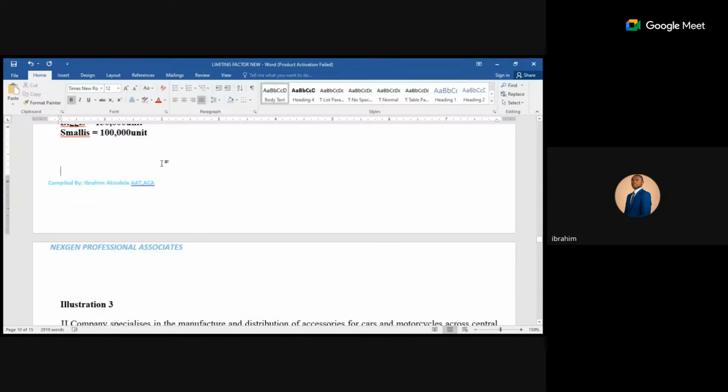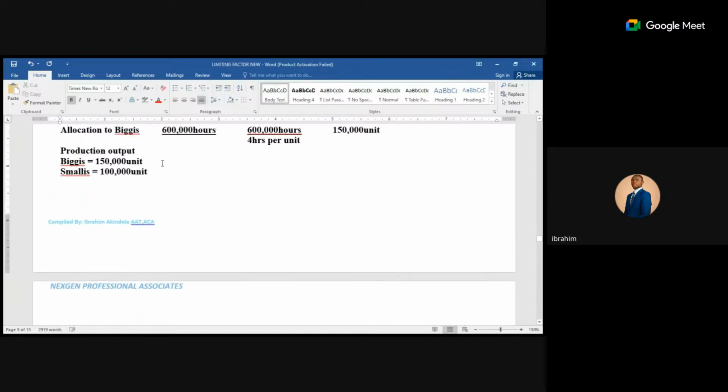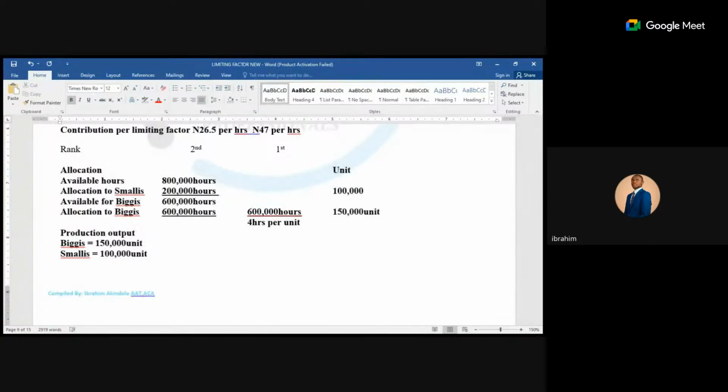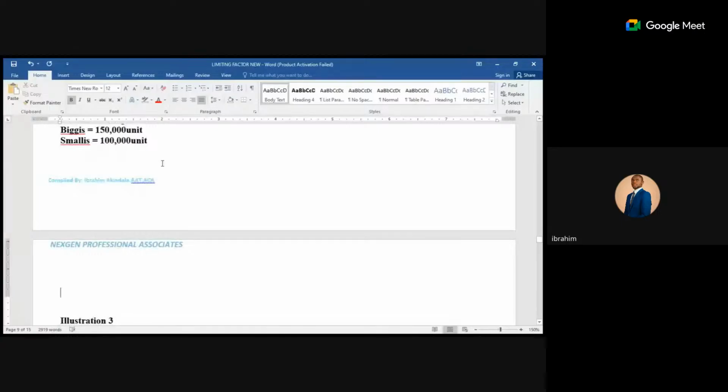In another scenario, they can call it production plan, production mix, or optimum production plan. It is still your allocation, the usual way you need to allocate, then the available, then we move from there. So now the profit statement for biggies.